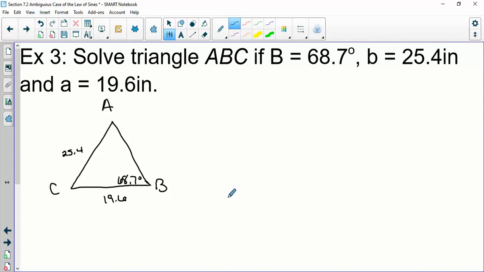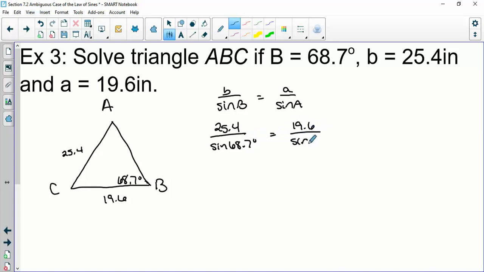Find angle A. I have all the information for B, so I'll use that. Put in your information and cross multiply.